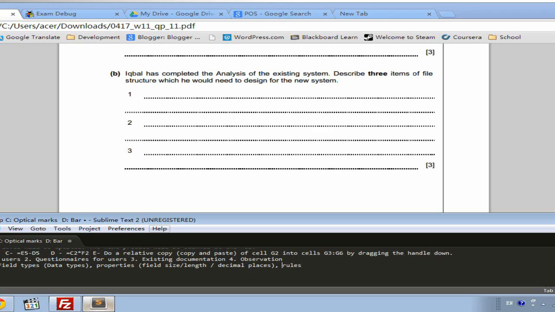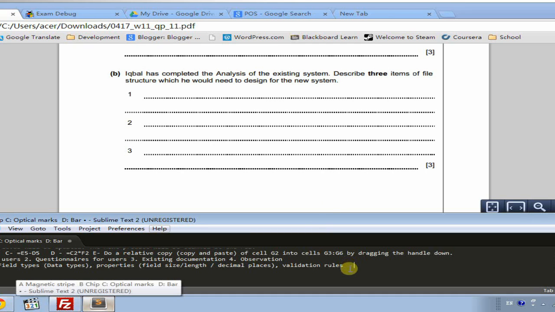Rows, let's call them validation rows. Any one of these would be fine, or maybe something like the primary key. So you're thinking, if we had a set of data, how would we organize it? In this case, obviously, in the database.